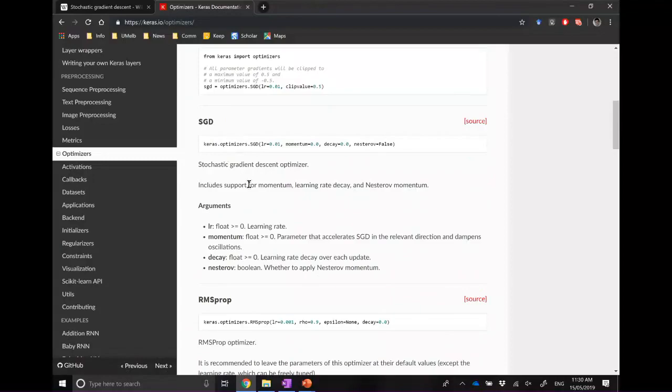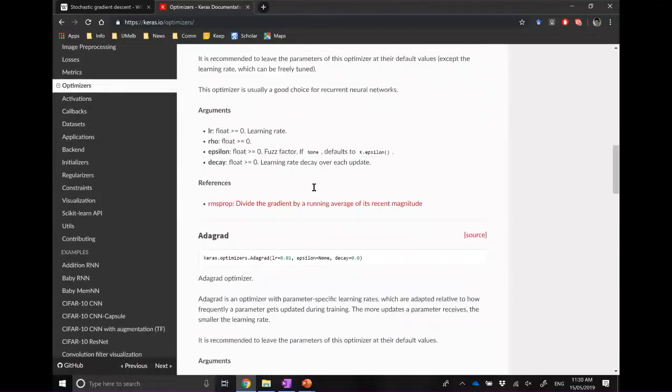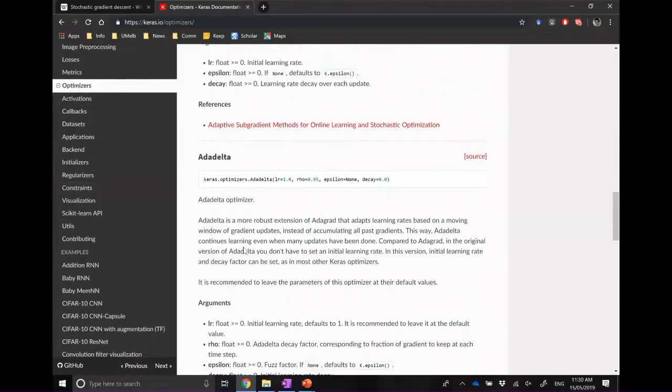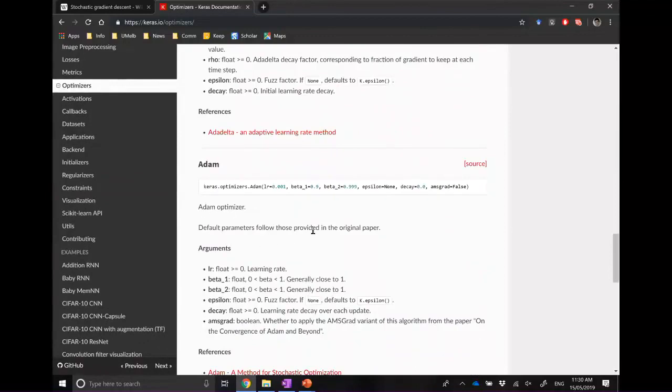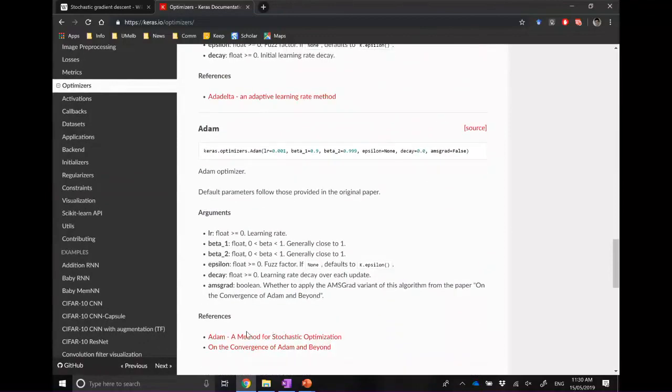SGD, stochastic gradient descent, is here. The others are here: Adadelta, then the Adam optimizer. It's actually pretty good because it also links to the paper. If you want to read the original paper people came up with, this is the arXiv link to the paper.